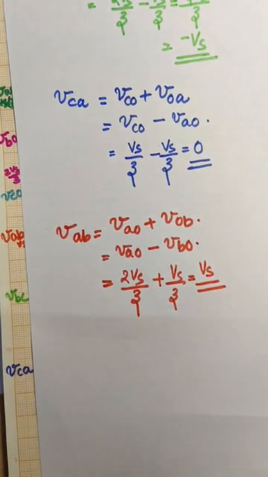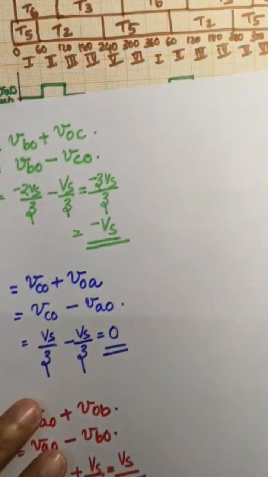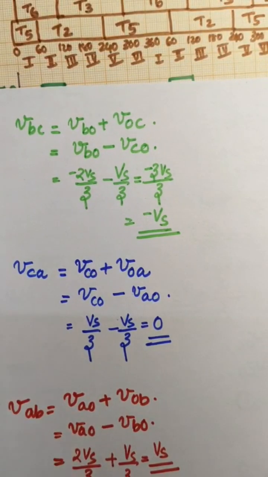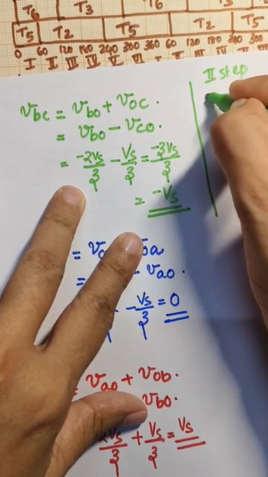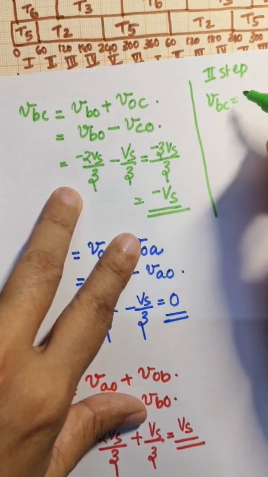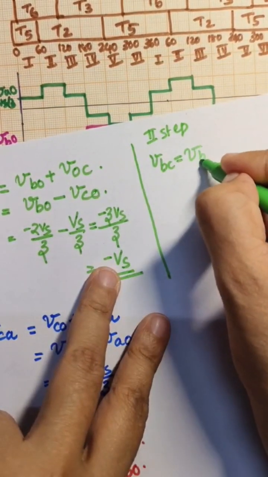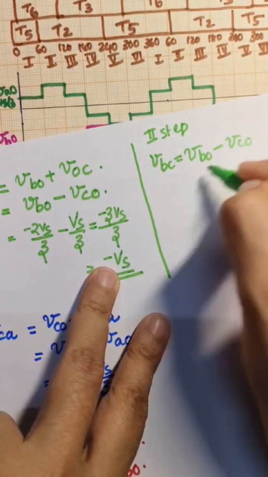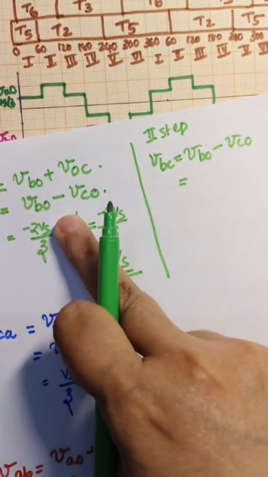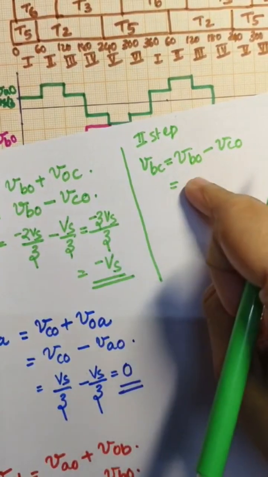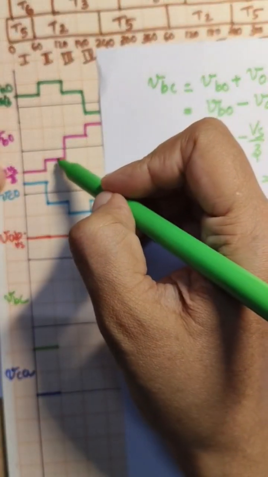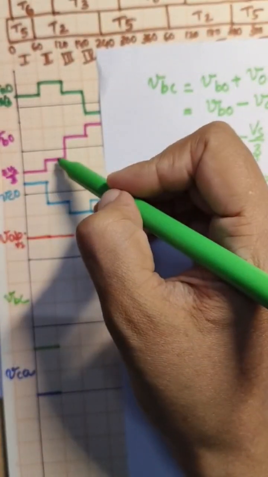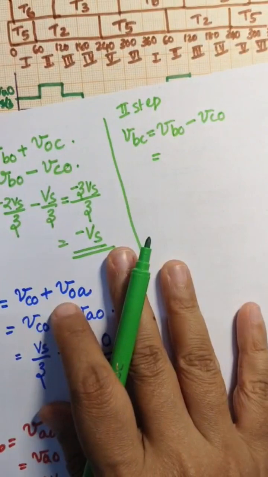And for the second step, VBC voltage. VBC is equal to VBO minus VCO. That we know, we obtained it before. VBO voltage for the second step is minus Vs by 3.